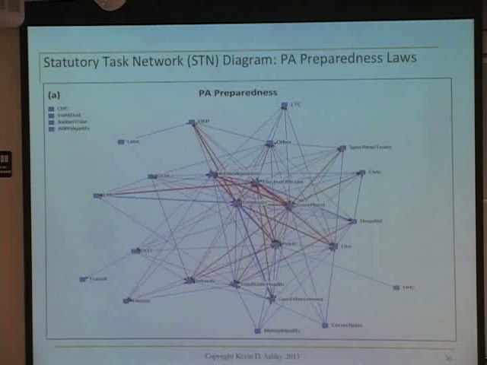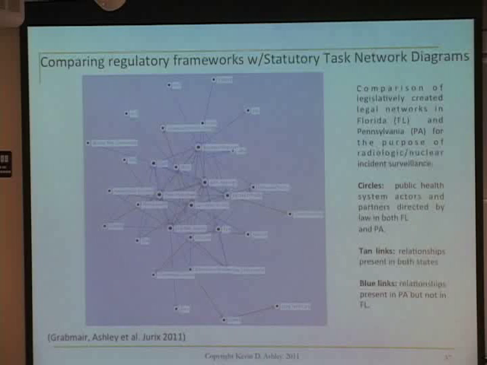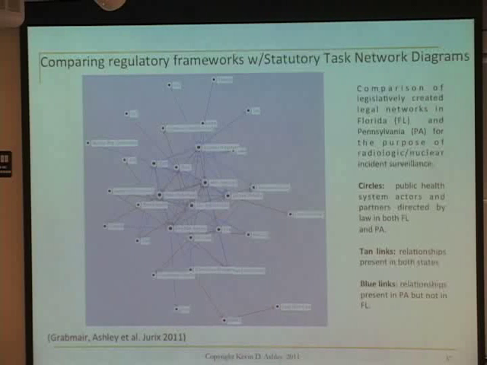Once you've done this, you can then compare regulatory frameworks with these statutory task network diagrams. So here we see a comparison of legislatively created legal networks in Florida and Pennsylvania for the purpose of radiologic nuclear incident surveillance. The circles represent the public health system actors and partners directed by law in both states.